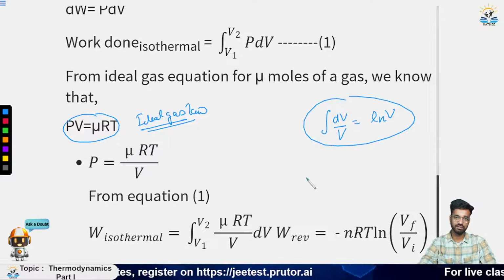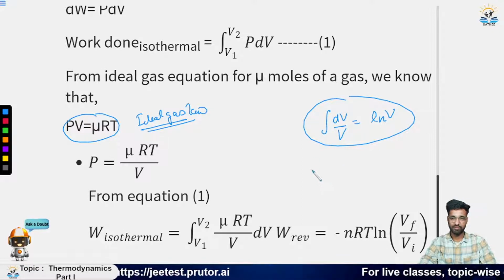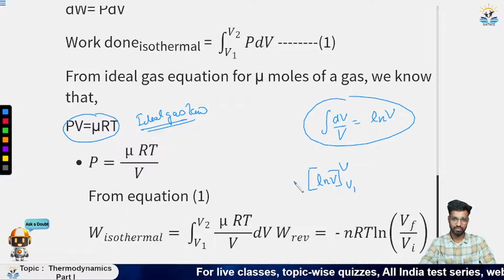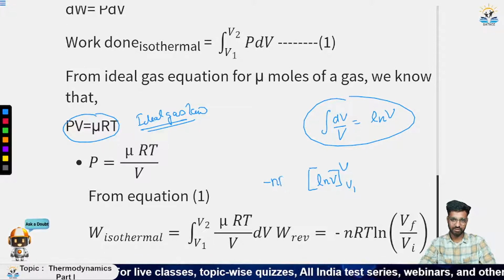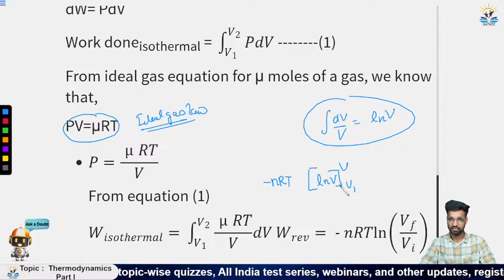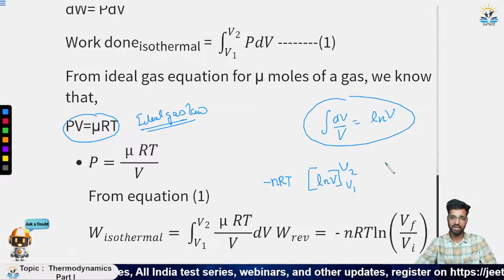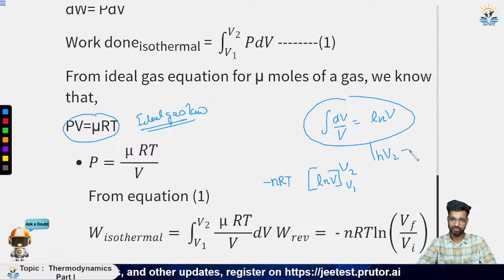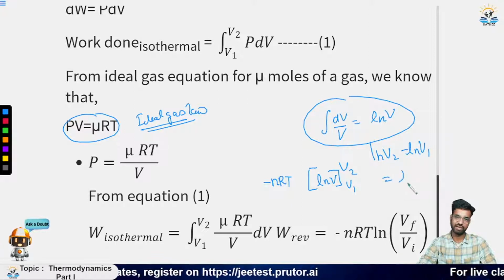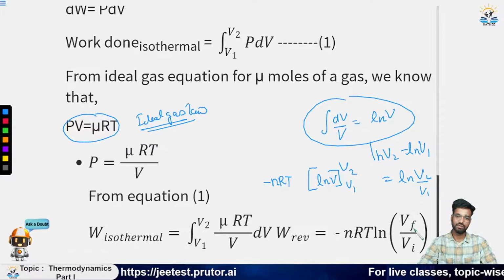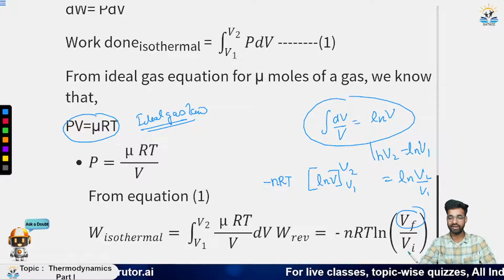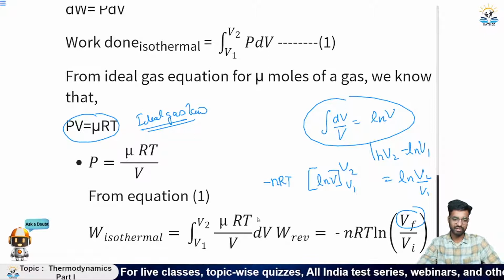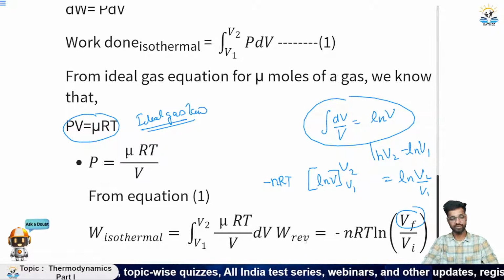Now we put the limits, so it will be nRT times ln V2 minus ln V1, which is ln V2 by V1. The same thing is written here, where we take V final and V initial. So this is the final equation. This equation is very important, and it will be used multiple times.